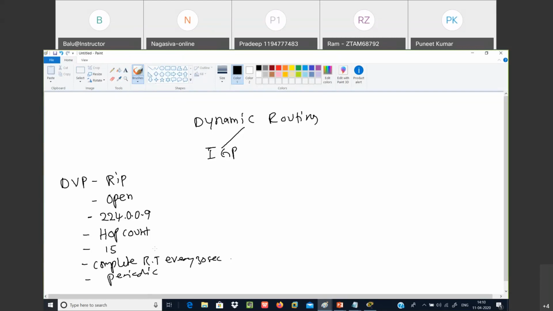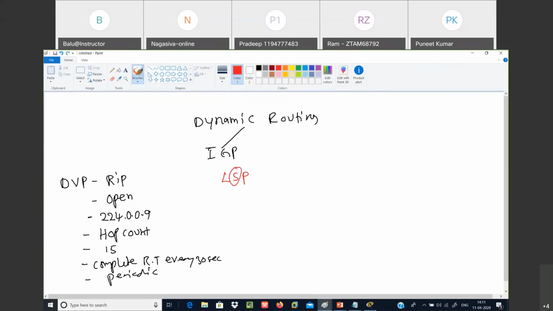Okay. Now, yesterday we discussed one more protocol, which is LSP, link state protocol. In LSP, what is the L? L means link. What is a link? Link is nothing but a router interface.